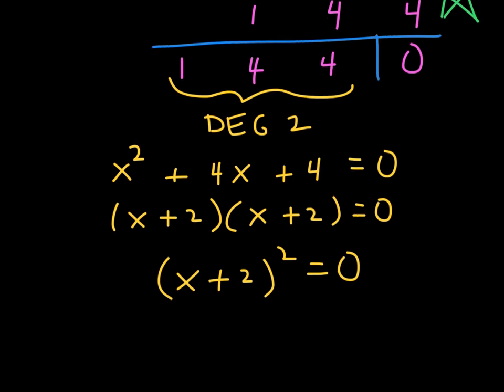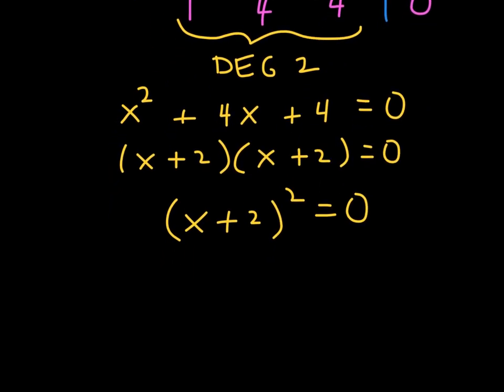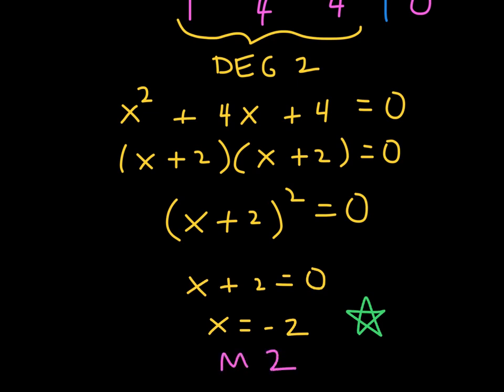So all you need to do is take one copy and set it equal to 0. So then the other x-intercept is negative 2, right? But here, be careful. This is multiplicity 2 because there were 2 copies. 2 copies.